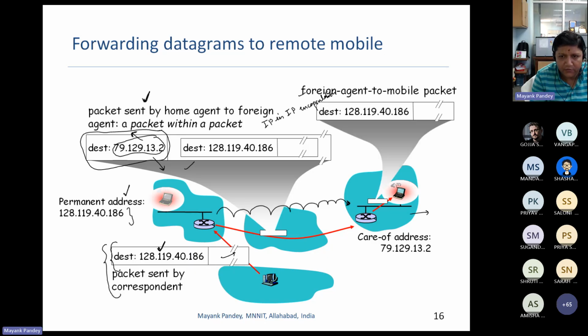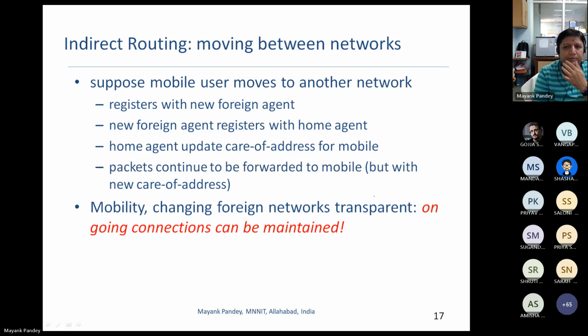Now what will the foreign agent do? It will remove the outer header and forward the packet towards the mobile node. And the node does not have any change of IP address. This is how things are getting done.